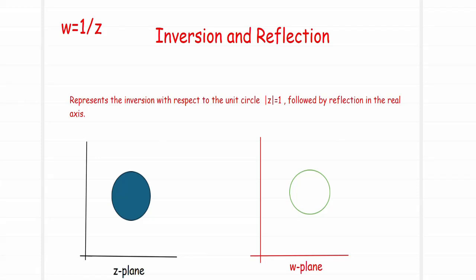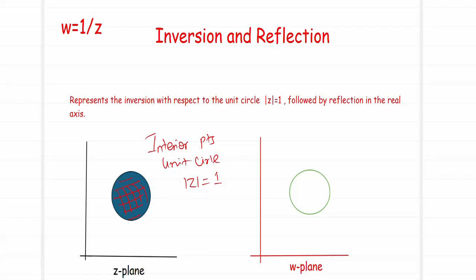In which case, what happens is the interior points of your unit circle mod Z equal to 1 in my W plane. What are the interior points? These are my interior points. So what will happen to these interior points?